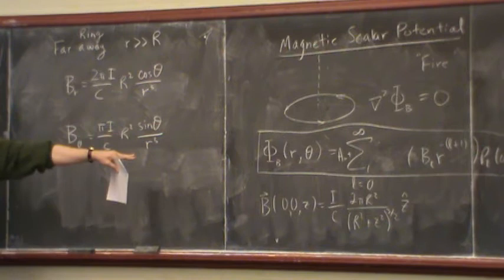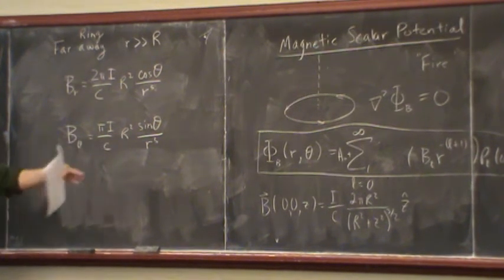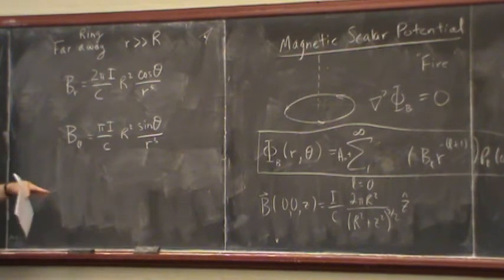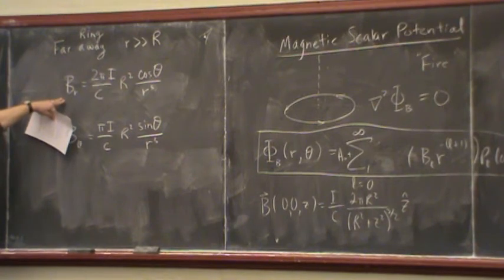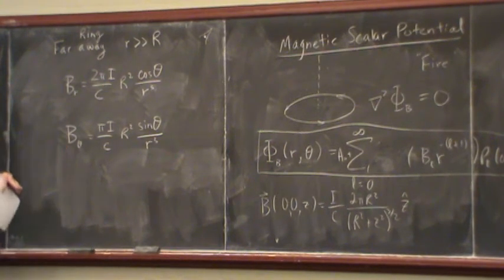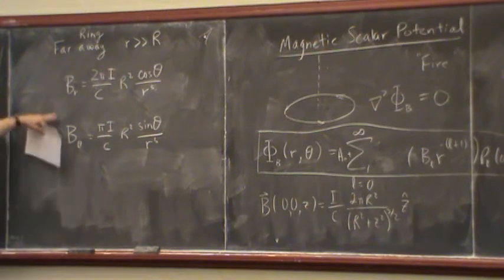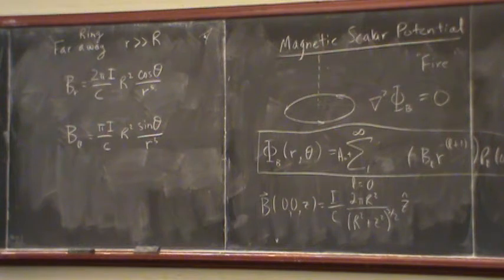I still have all those terms there, but what I've done is to say when I get out to large enough r, the only term that's going to survive when I take the gradient of that potential is the lowest order term, and the other ones are all going to go faster by 1 over r squared, or even faster than that. They're going to drop off. So this is going to be the dominant term far away. Right? If I shrink the ring to 0, it would be the same effect.